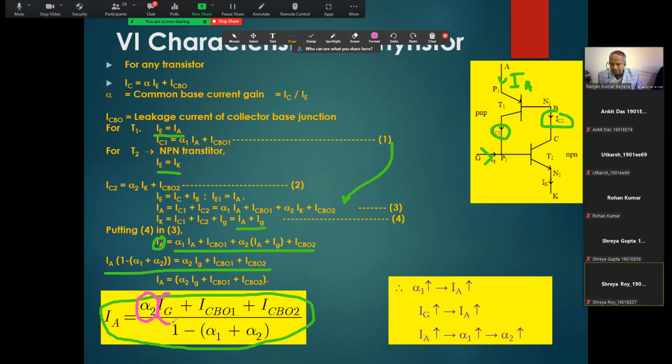It also depends on the gate current, Ig. It also depends on the leakage current of T2. Also it depends on the current gains alpha 1 and alpha 2. So in any form, you can turn on the device.